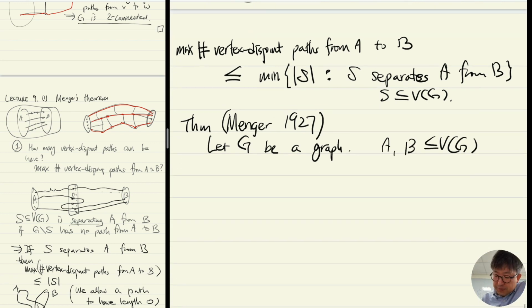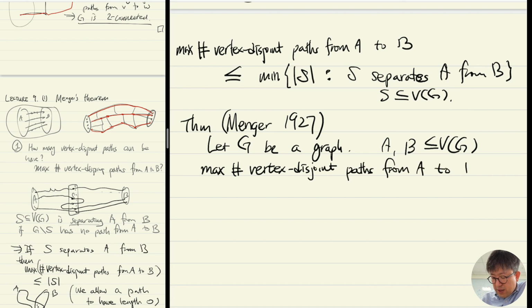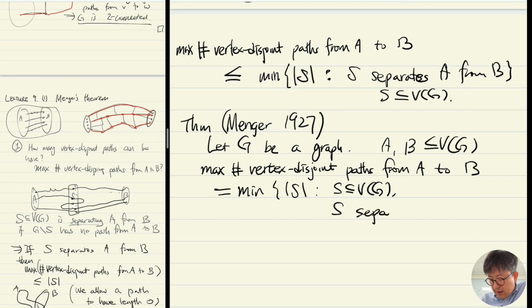Then the maximum number of vertex disjoint paths from A to B is equal to the minimum size of S, where S is a vertex set and S separates A from B.